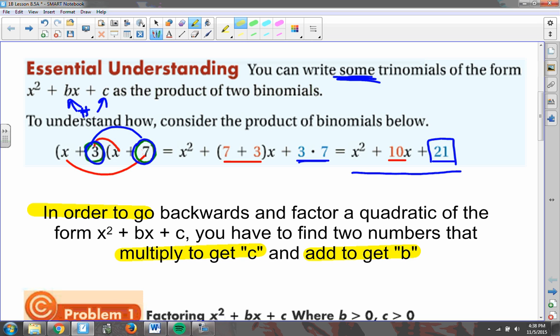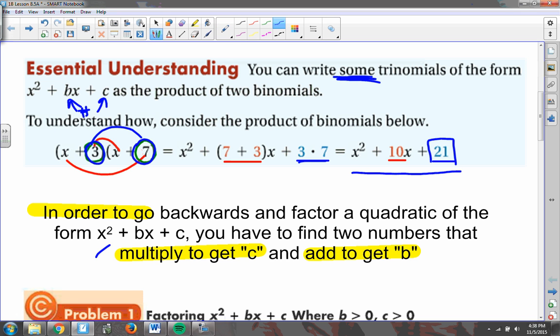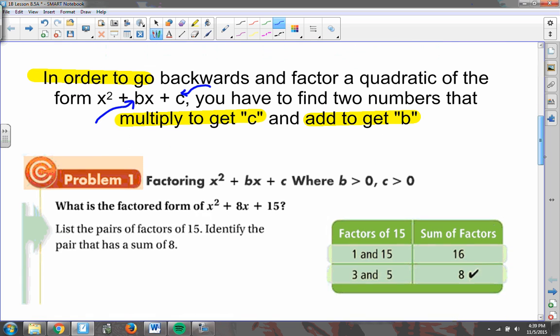Right, so whatever number you see right here, the two numbers need to add up to get that. And whatever number you see right here, they need to multiply to get that one. Okay? Let's look at a couple examples now. And then I'll have you do a couple yourself as well.